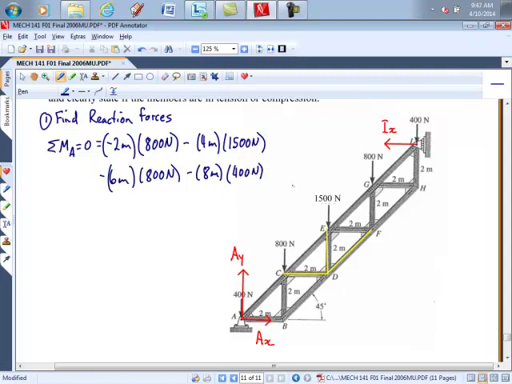And then we have our one positive moment, plus Ix at 2, 4, 6, 8 up, not 8 over. So plus 8 meters times Ix.